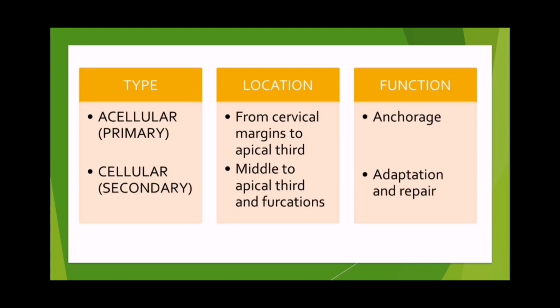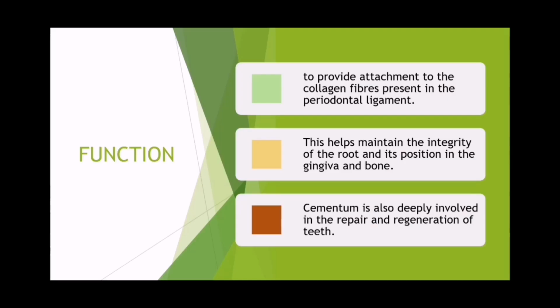The chief function of the acellular or primary cementum is to provide support to the tooth in its socket. Cellular or secondary cementum is located from the middle to the apical third and the furcation area of the roots. Functions of the cellular or secondary cementum are adaptation and repair.